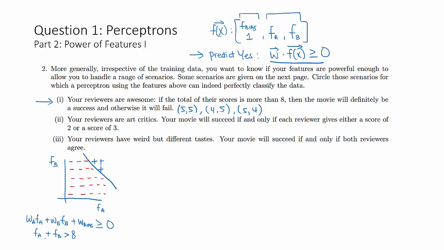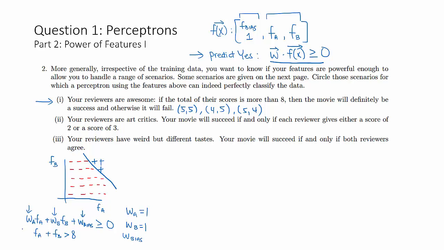Notice that this condition and this condition look pretty similar. If we can just figure out what a set of values are for the weight terms, we're done. So here we should set the weight for critic A to be 1, the weight for critic B to be 1. That way we'll get this here. What should we set the weight of the bias to be?